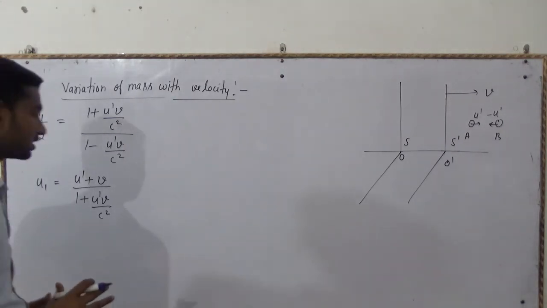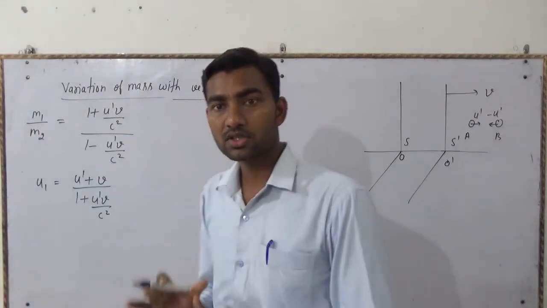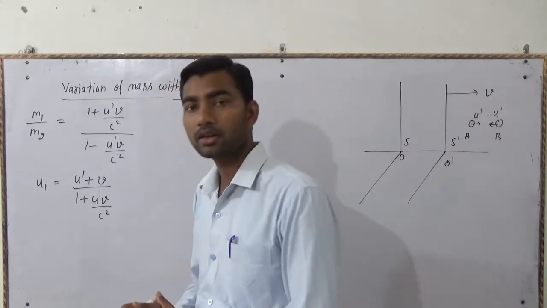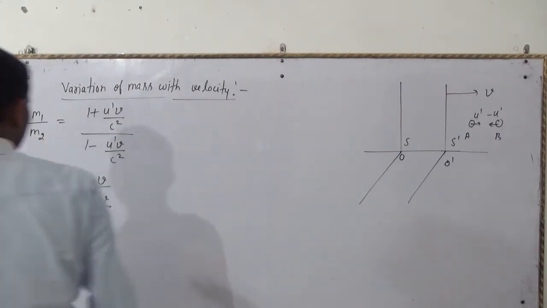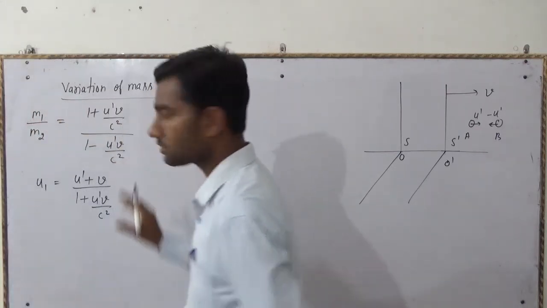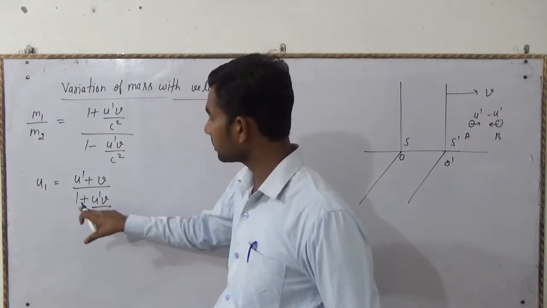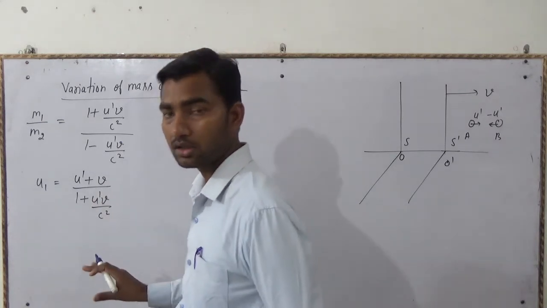Now friends, here we will make a small assumption as a formula to find the value of 1 plus u dash v by c square. Very simply, you can see the term 1 plus u dash v by c square is present in this formula.